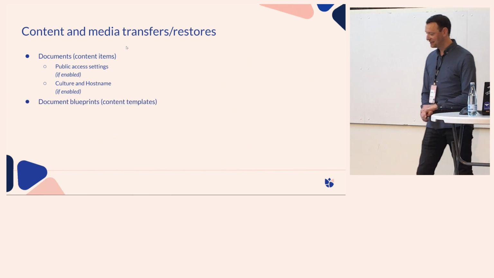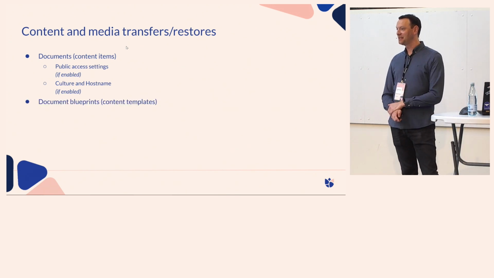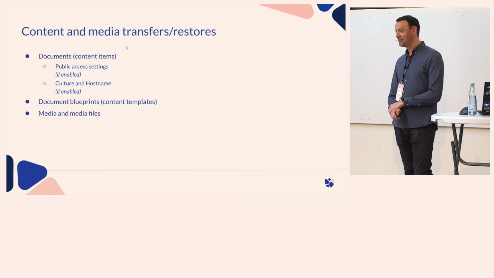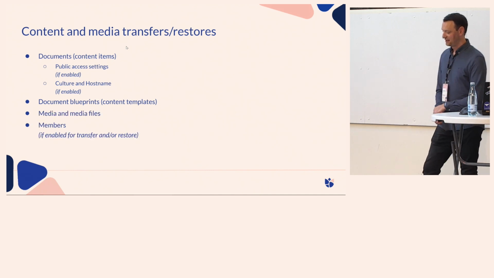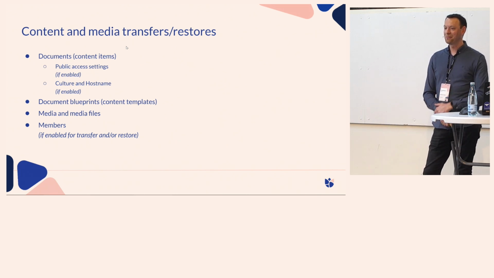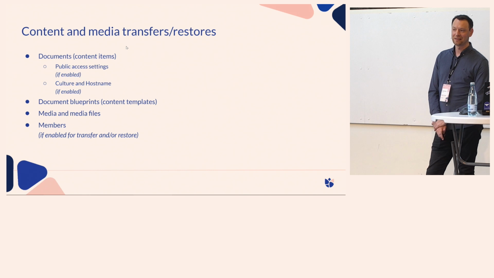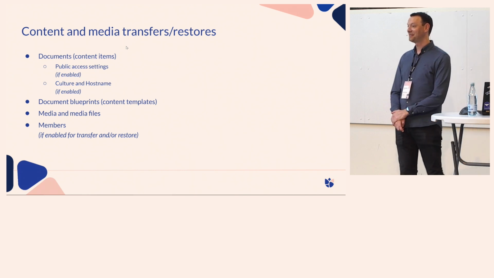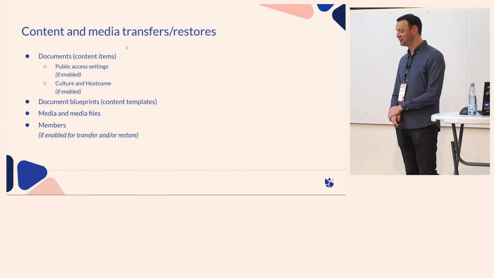There's also the document blueprints or the content templates that you can deploy, the media and the actual media files, the members if enabled, because by default members can contain personal information, and members can edit their values or their properties themselves.